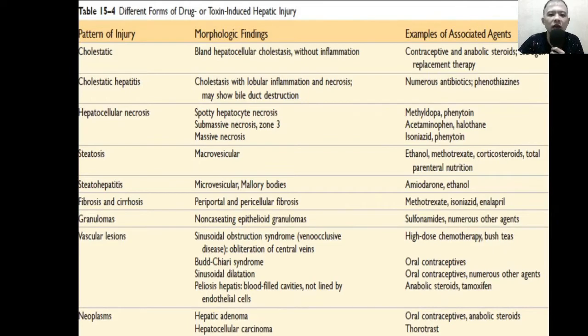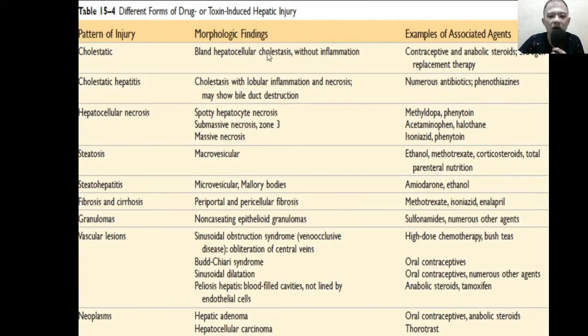So this is a very important table wherein you see the etiologic agent as well as the pattern of injury and the morphologic findings in the liver.